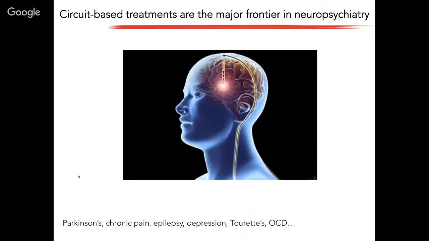That's really emphasized by the fact that in the last decade or two, the major frontier in treatments of neuropsychiatric disorders has been in deep brain stimulation, circuit-based treatments that exploit the little that we do know about the organization of circuits. And so if we could know more about those circuits in mammals, in either humans or in models of brain function, that would be incredibly useful.